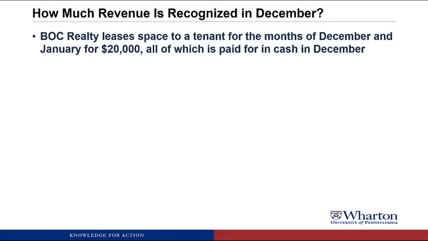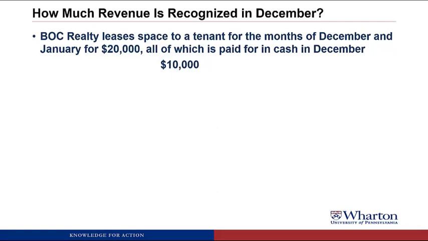Next, BOC Realty leases space to a tenant for the months of December and January for $20,000, all of which is paid for in cash in December. The answer here is $10,000. We've received the cash, so we know whatever revenue we're going to record meets the realized criteria.